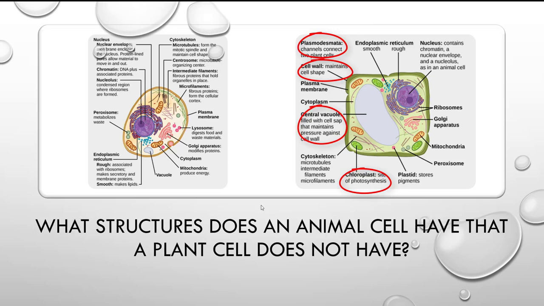So let's flip it around. What structures does an animal cell have that a plant cell does not? We have cytoskeletons like they do, plasma membrane like they do. Do they have lysosomes? They do not. They have plastids which store pigment, which we don't really have. But we have lysosomes that contain little digestive enzymes, so they don't have those.